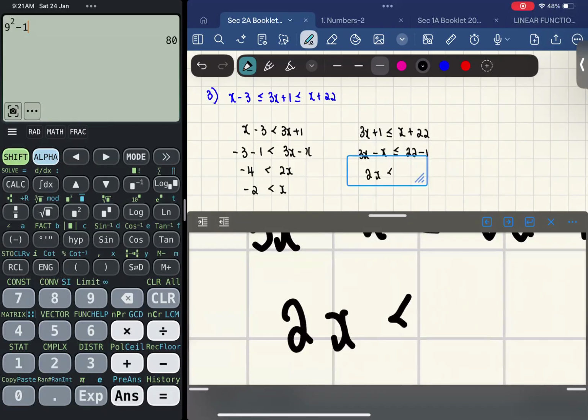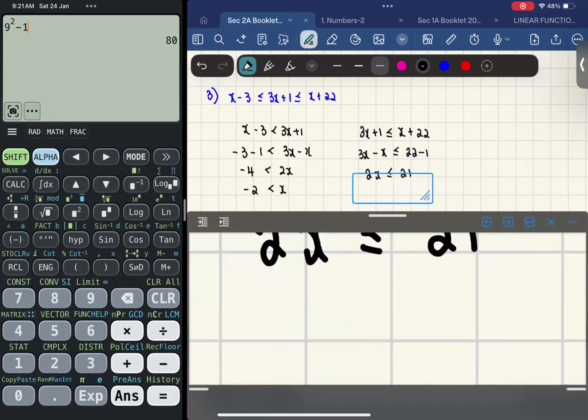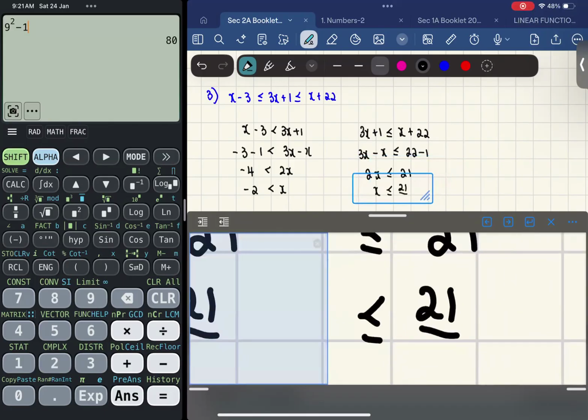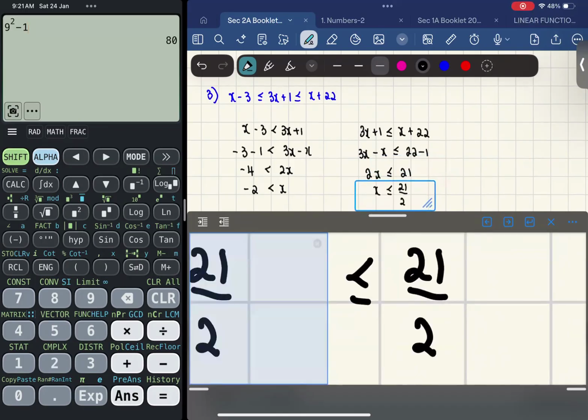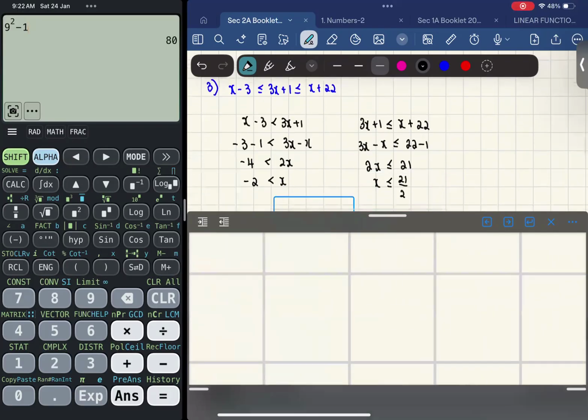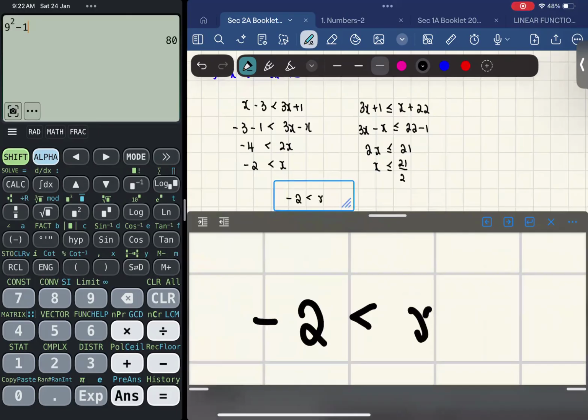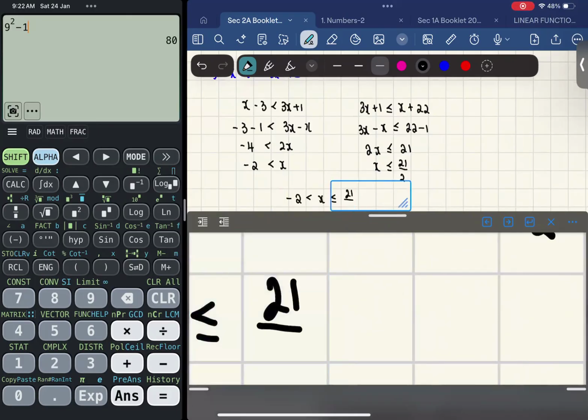So 2x is less than or equals to 21. X is less than or equals to 21 over 2. Is that okay? Okay, once you have x in the middle, then we're just gonna combine the two inequalities as one. So we have negative 2 is less than x is less than or equals to 21 over 2.